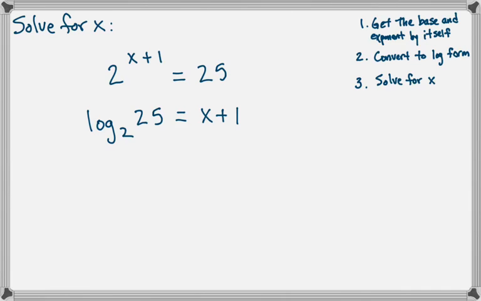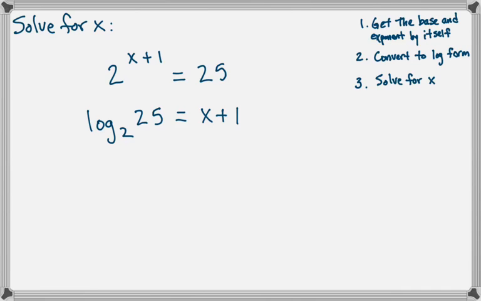And then the last step, solve for x. We're basically trying to get this x by itself, so we would have to subtract that 1 on the other side. This one's a little bit tricky though, because the base on that log is not base 10, so for our calculator we need to do some fancy footwork to figure out what that log base 2 of 25 is. We're going to use what's called the change of base formula that we've talked about before.